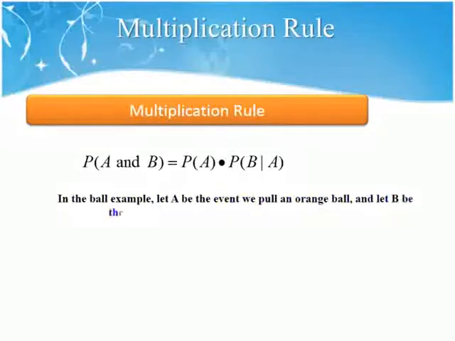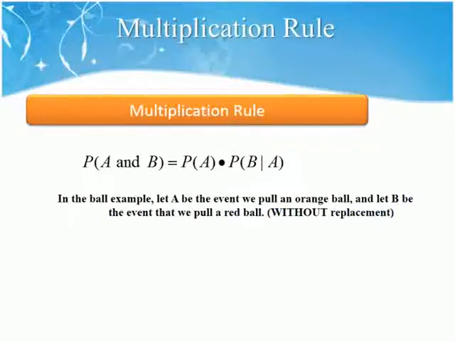In the ball example, however, or the orange and red circle example, if we let A be the event that we pull an orange ball out, and then B be the event that we pull a red ball out, and specifically, I'm going to mention this idea of without replacement. So suppose A occurs, and we pull an orange ball out. The probability of that occurring is 2/5, since there were 2 orange and 5 balls total.